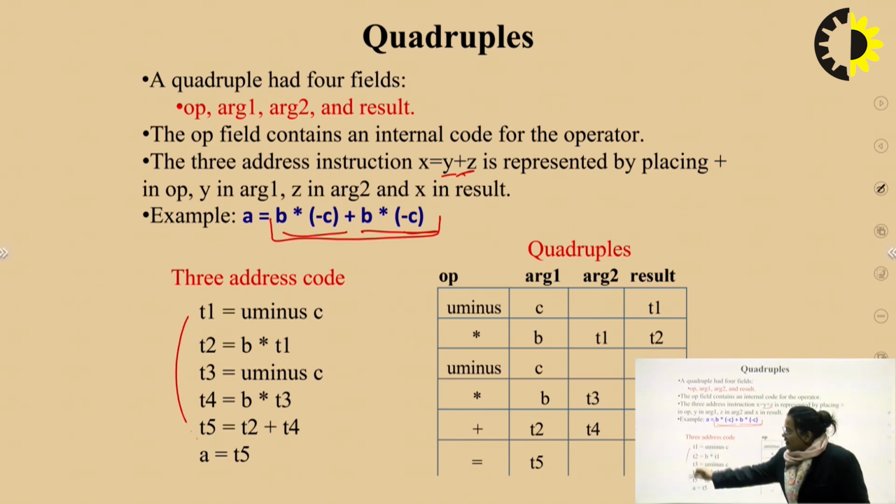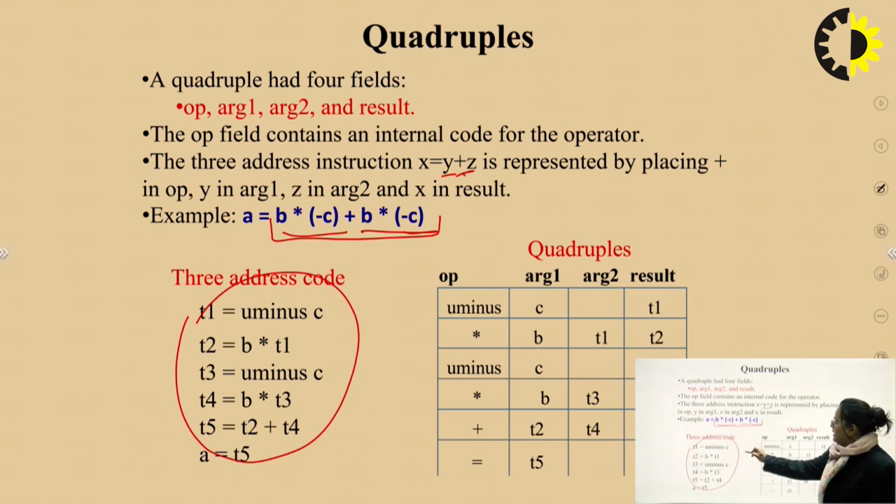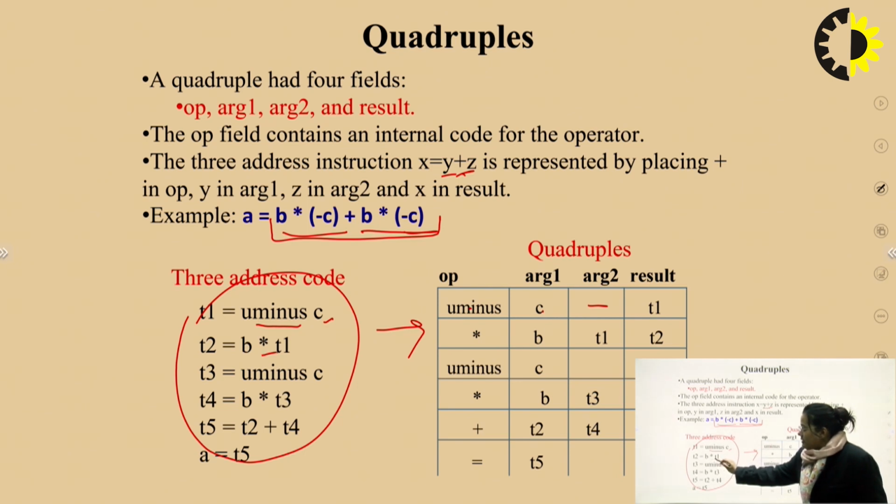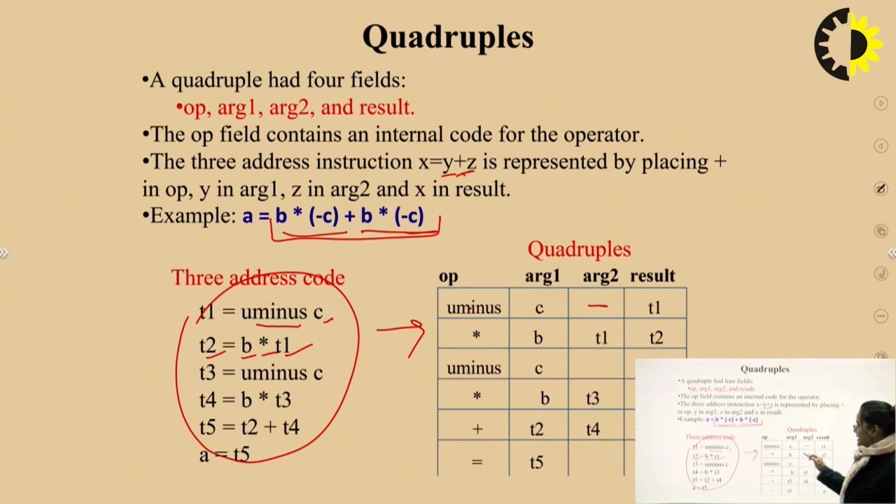Then we represent that three address statement in quadruple in this form. We design four fields: operator, argument 1, argument 2 and result. First operator is unary minus, argument 1 is C, there is no argument 2, and the result is stored in T1. Then the second operator is multiply, argument 1 is B, argument 2 is T1, and the result is stored in T2.